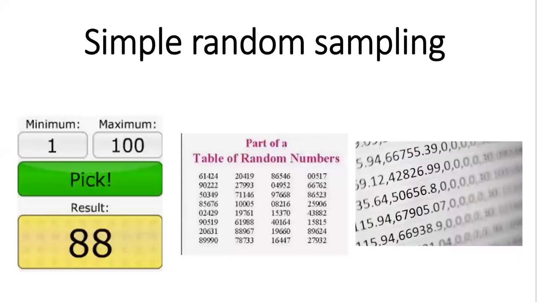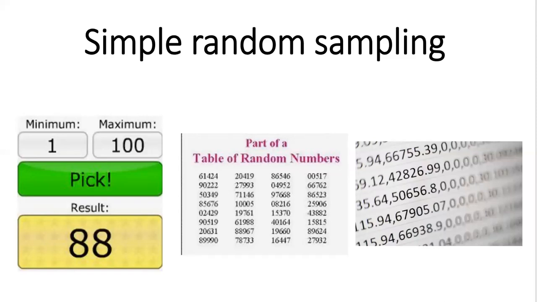Now, in the real world and for real experiments like the Salk vaccine experiment, pulling names from a hat is not very practical. So there are different methods developed for this purpose. One such method is a table of random numbers.